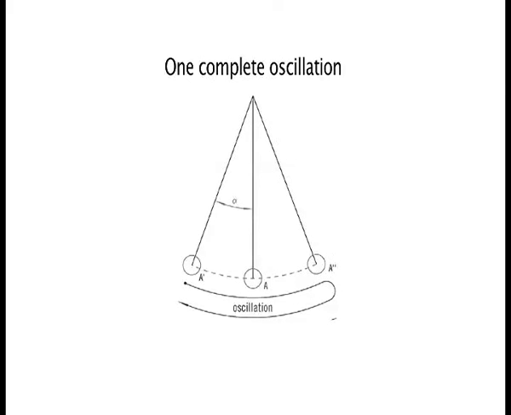Now, if it does so time and again, and in every passage the time taken for one complete oscillation is the same, then the motion is harmonic, and the time it takes for completing one oscillation is called the time period, and the number of times it does that within unit time, that is within a second, is called its frequency.